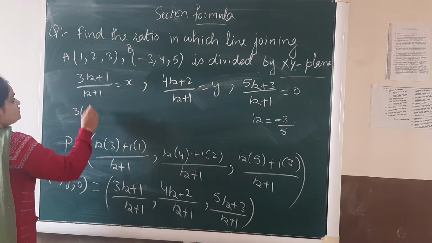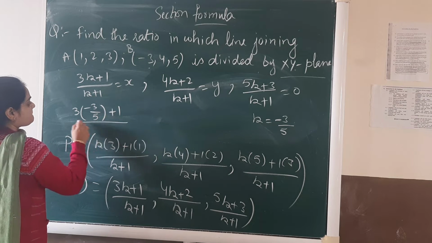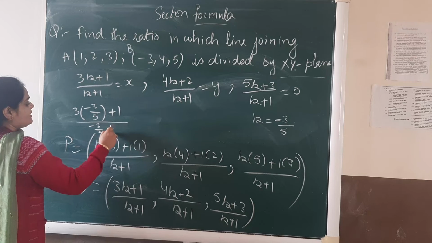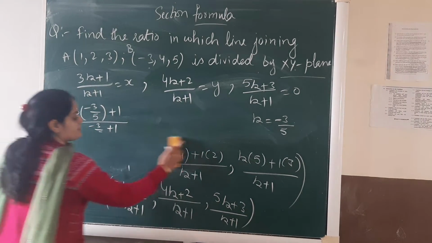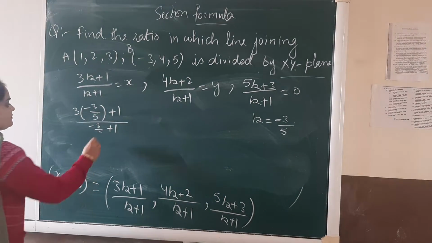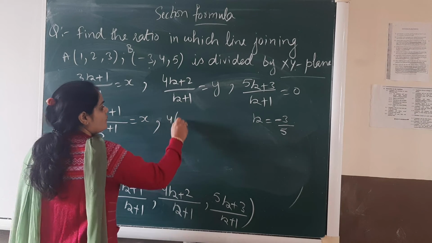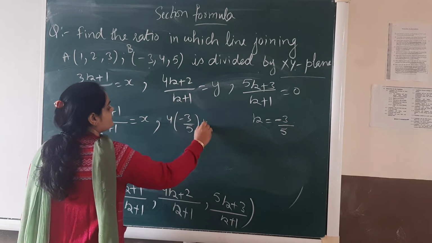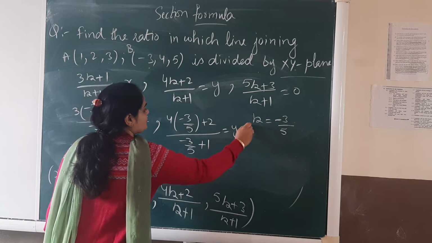After substituting the value of k, what will we get? 3 times minus 3 by 5 plus 1 upon minus 3 by 5 plus 1 equals x, and 4 times minus 3 by 5 plus 2 upon minus 3 by 5 plus 1 equals y.